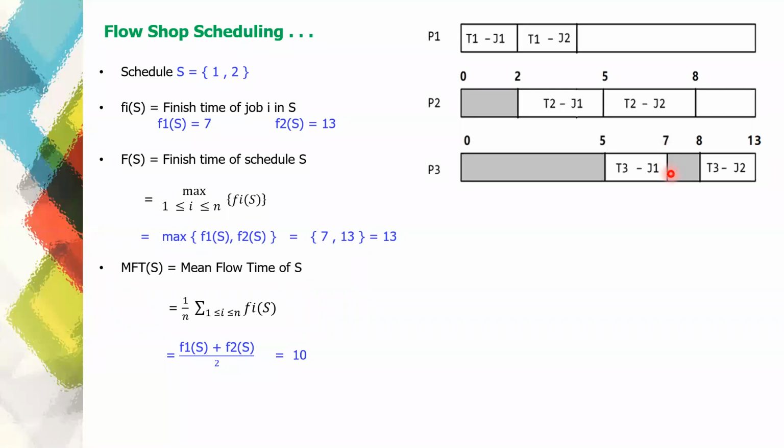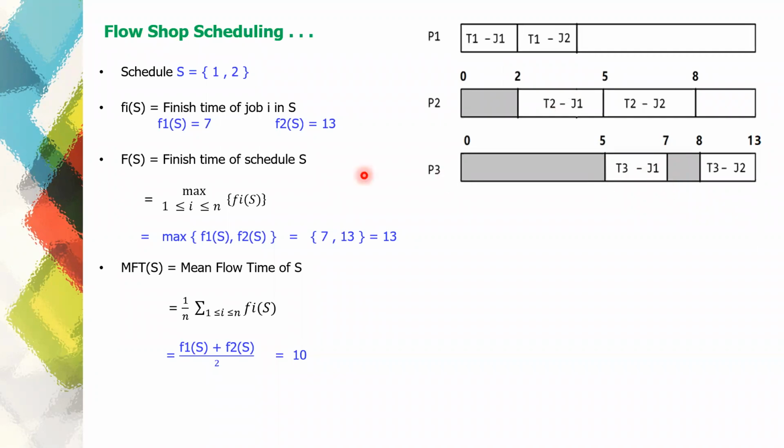If you want to consider when job 1 is finished, within job 1, task 1 should have been finished, task 2 should have been finished, task 3 should have been finished. All the 3 tasks must have been finished, and that will give you the finish time for job number 1, which is equal to 7.